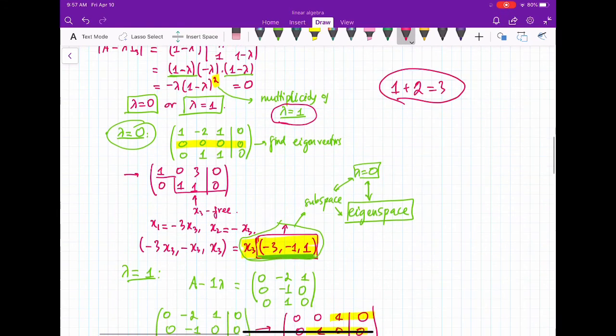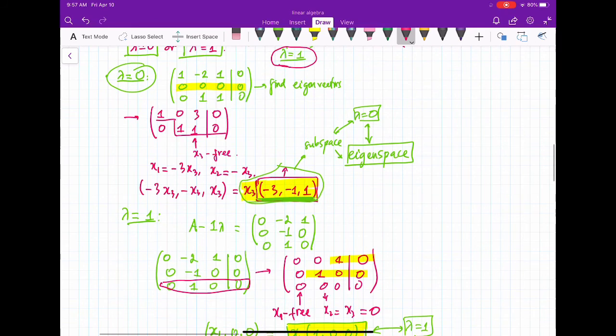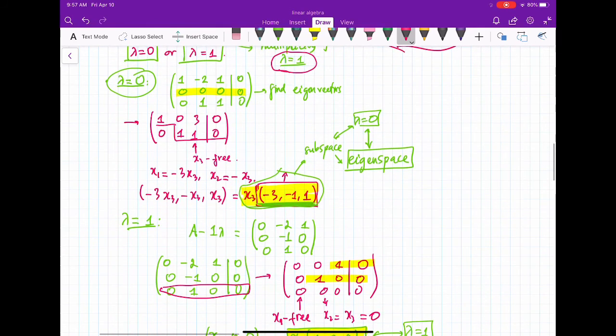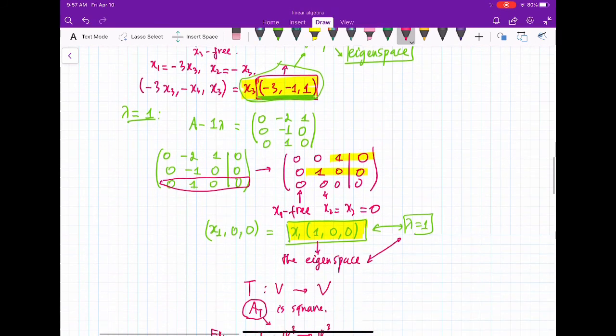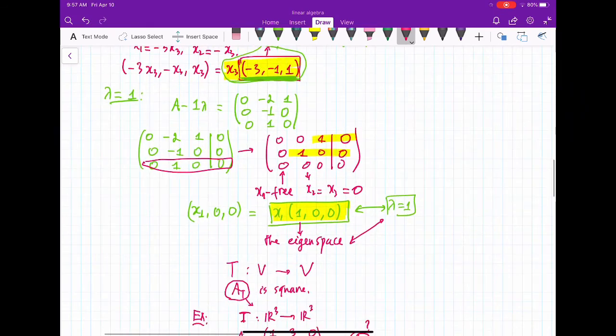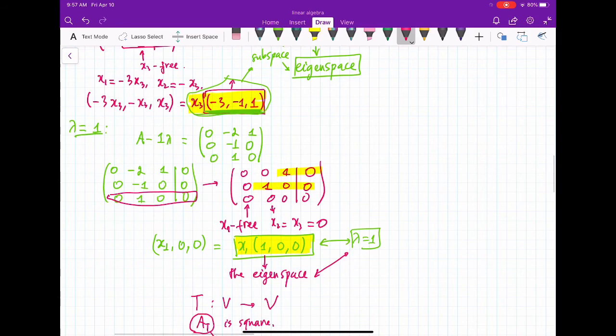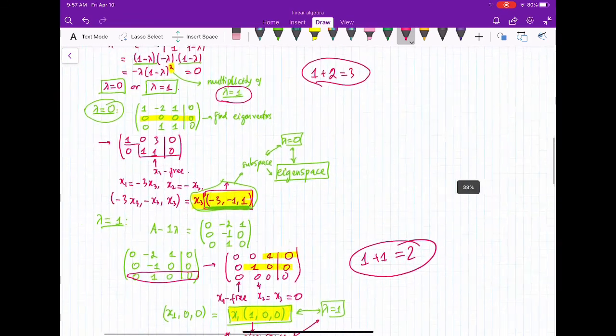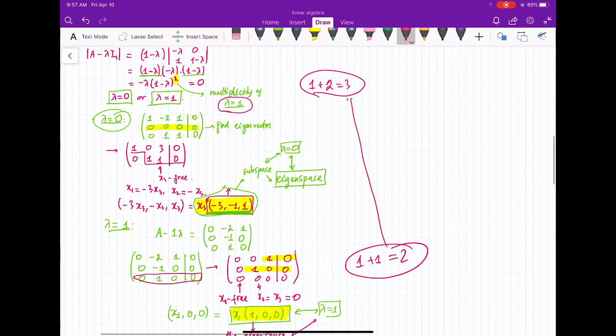But at the same time, the eigenspace corresponding to lambda 0 has dimension 1, and the eigenspace corresponding to lambda equal to 1 has dimension also 1. So the total dimension is 1 plus 1 is 2. You see? So that 2 is not 3, of course. They are different.